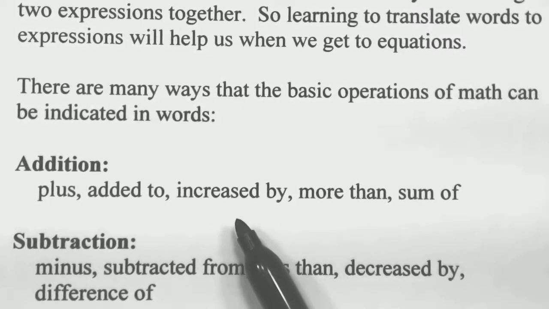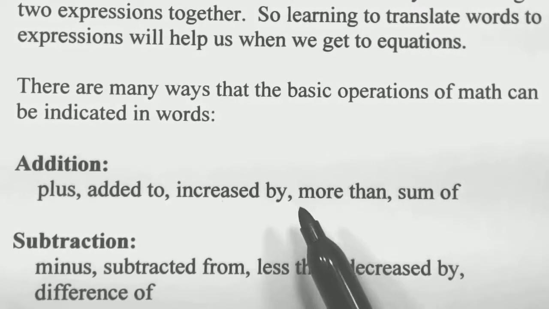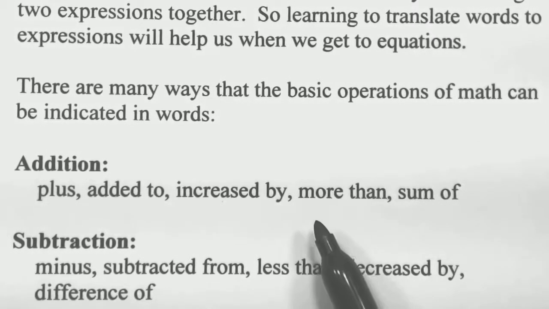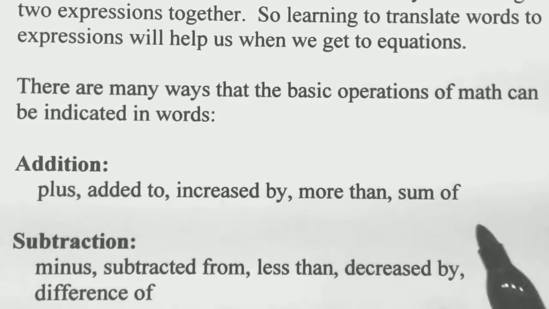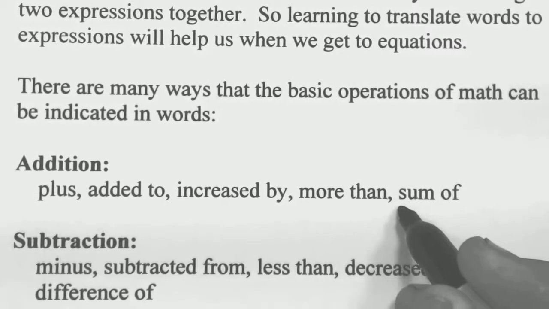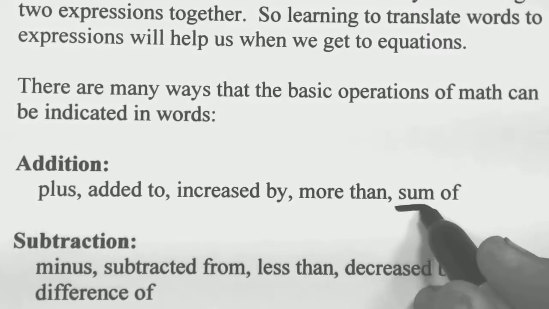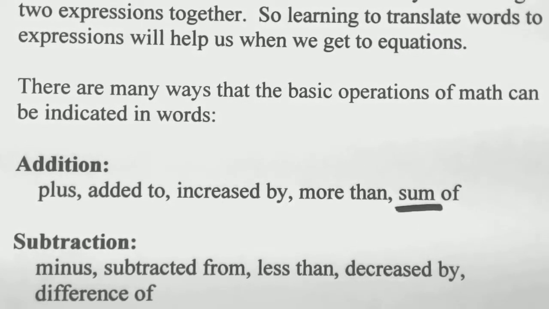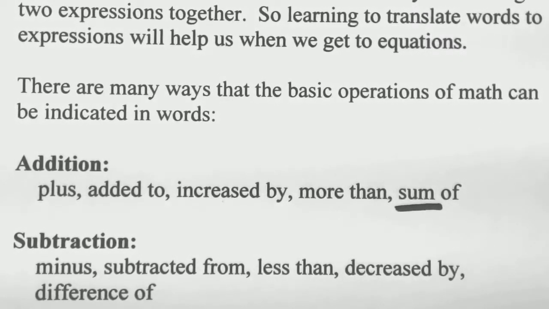More likely something like increased by, which means we're adding something, increasing it. More than, well, we've got to add something to make something more. And the mathematical term for adding things, sum, you've probably heard before. Anytime we say sum of things, we mean that we want to add them together.